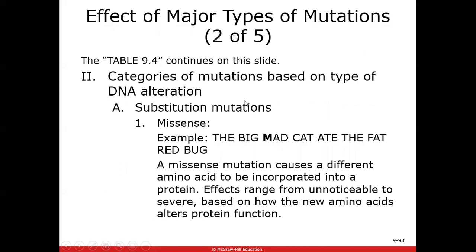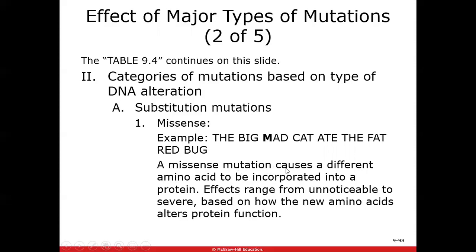So the categories of mutations are based on the type of DNA alteration. If you have substitution mutations, such as missense, remember a missense mutation causes a different amino acid to be incorporated into a protein. So the big fat cat, right? The F, the fat, is changed to M. That's one base, which means it's going to change this amino acid.